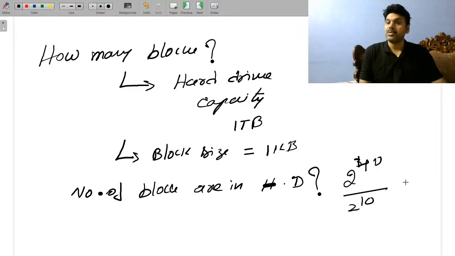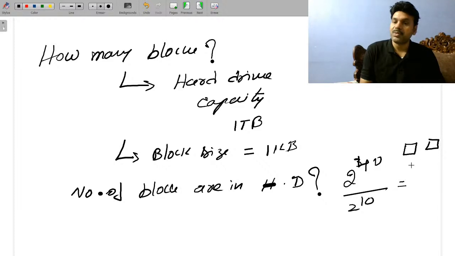So we are going to have this many blocks, and in these blocks you are going to store your data.